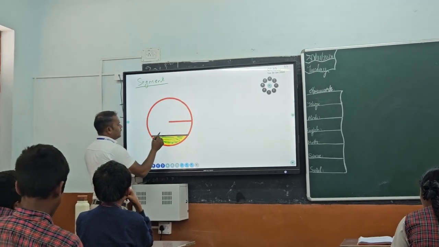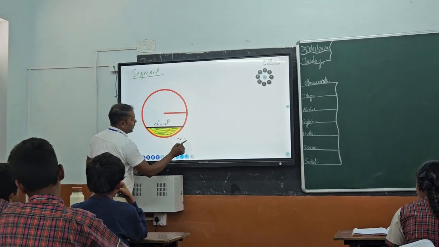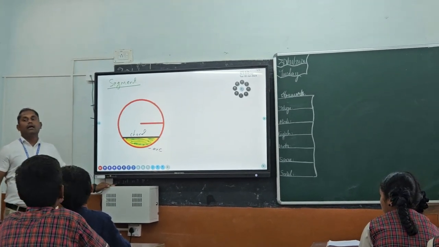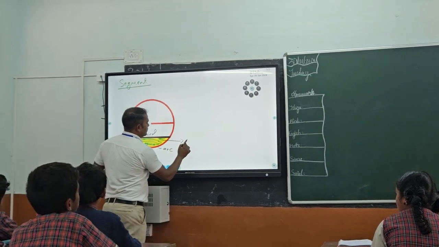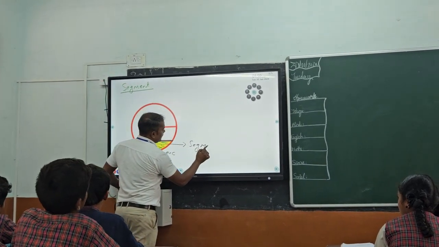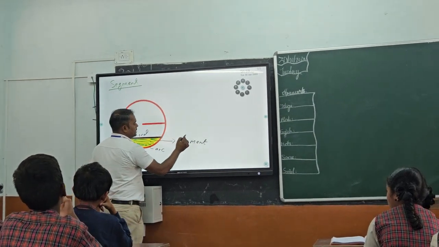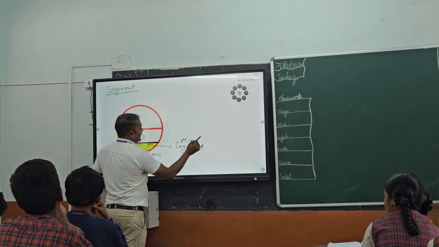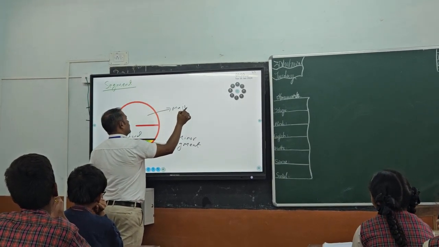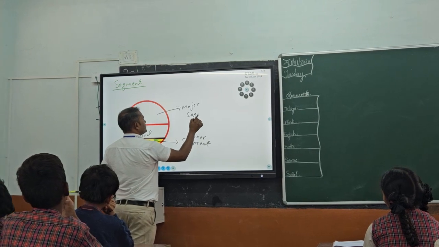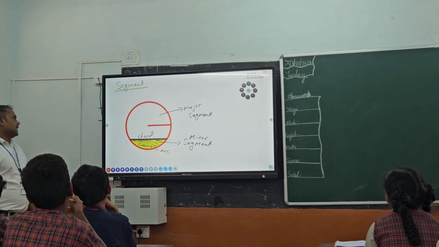This is a chord. And this one is an arc. So, area formed by the chord and the arc is called a segment. Since this area is small, it is called the minor segment. And this area is big, it is called the major segment. Minor segment and major segment.